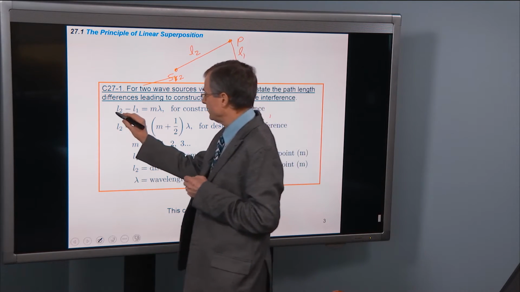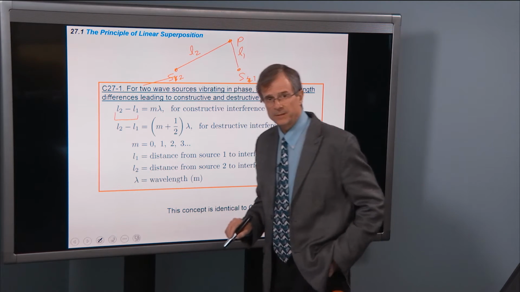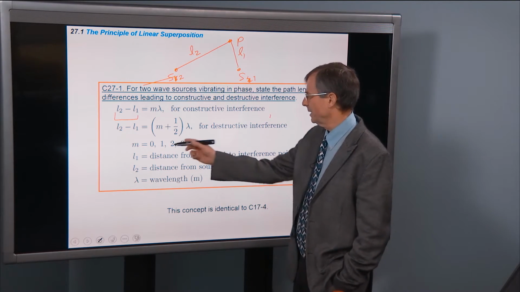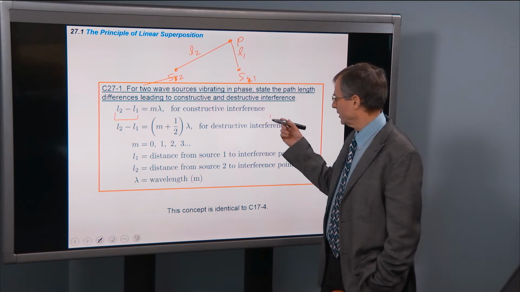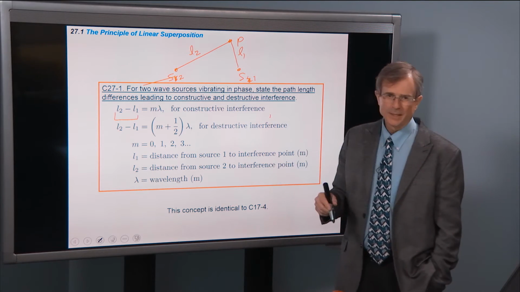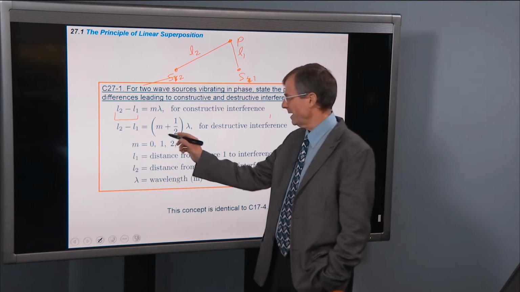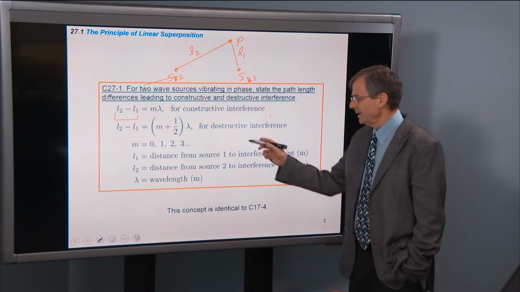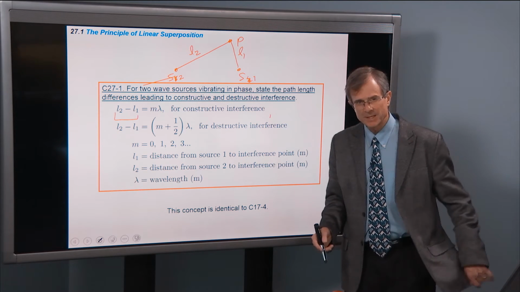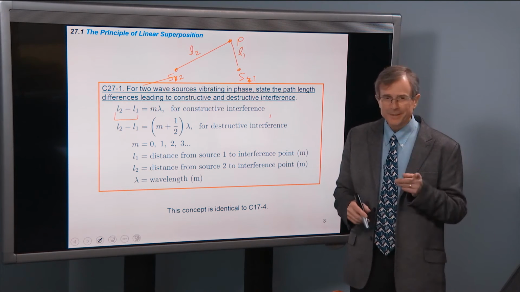And the difference between these, the path length difference, is m times lambda, where m is an integer, for constructive interference. And L2 minus L1 is m plus a half, an integer plus a half, times the wavelength for destructive interference. Here are the two distances, here's the wavelength. And you might be saying, hang on here, I think I've seen this before.